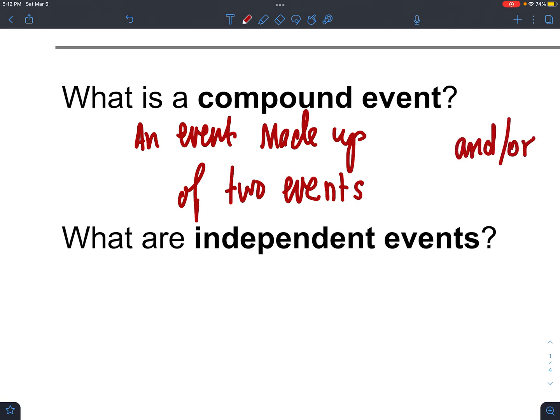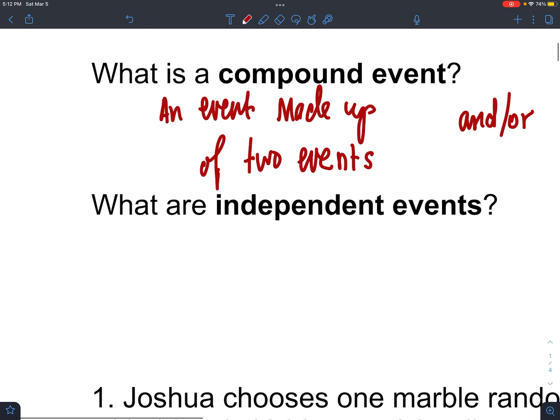We need to be able to have a strategy when we see both of those words. So we're going to go by example and study that. Independent events, it is very important to know what that means. Independent, just like in English, the word independent, they're kind of separated, right?